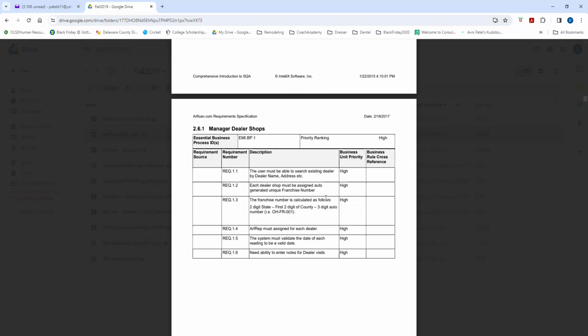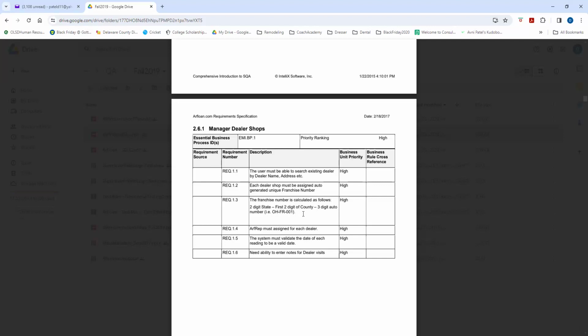Here is a perfect example. For the managed dealer shop, one of the things is that a unique franchise number will get assigned. So what do you mean by unique franchise number? How does that get created? This gives you the logic of how that particular franchise number needs to be calculated.